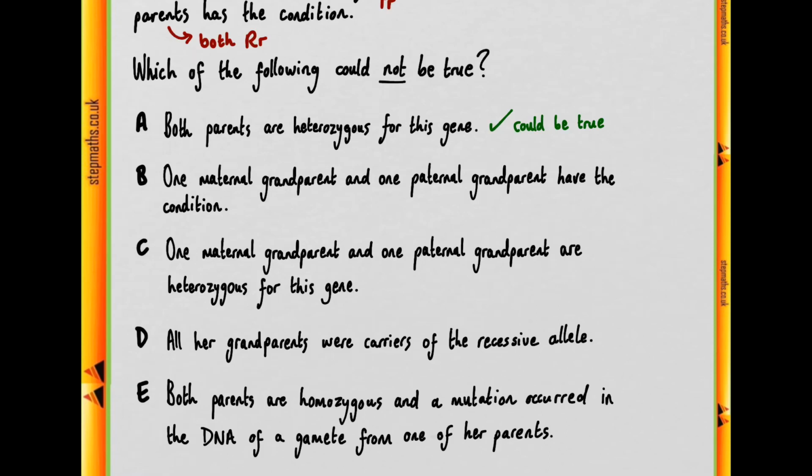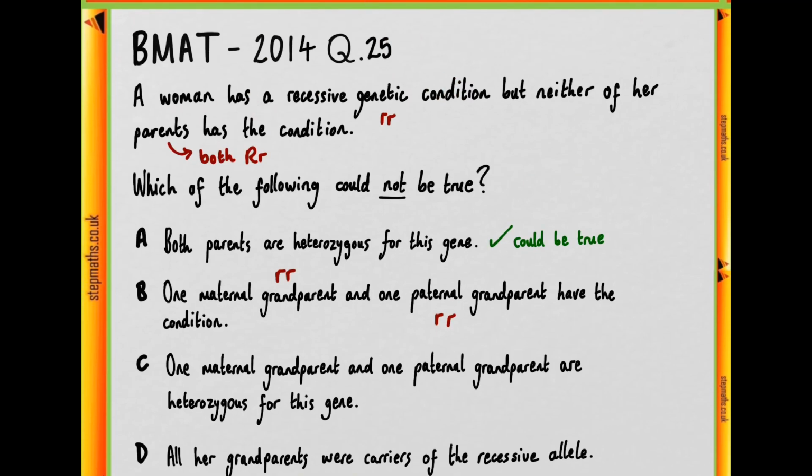scenario B, we have one maternal grandparent and one paternal grandparent having the condition. Now, is this possible? Well, that would mean that the maternal grandparent would have to be homozygous recessive, and the same goes for the paternal grandparent, since they have the condition, and in order to express the condition, you must be homozygous recessive, as is the case with the woman.